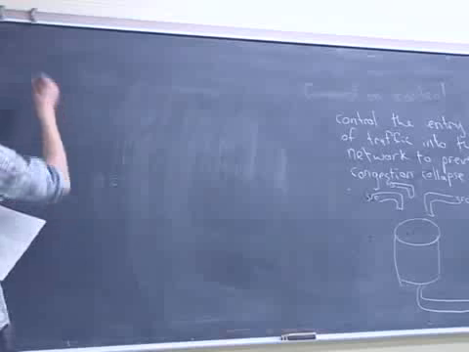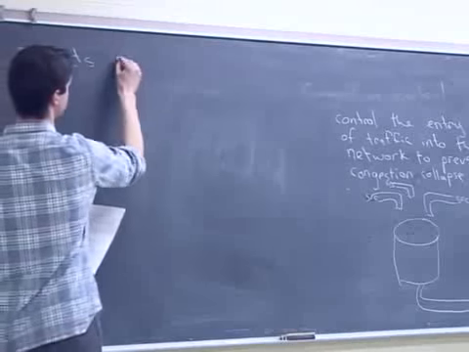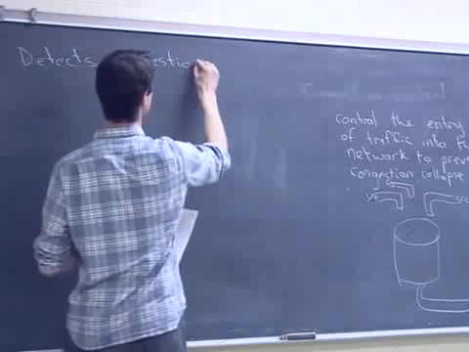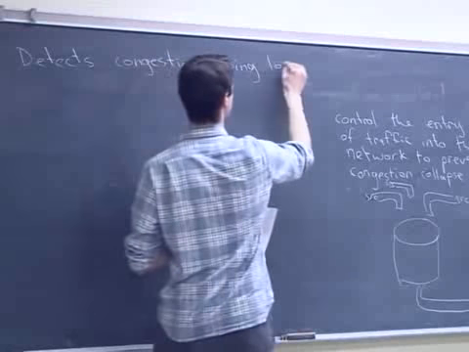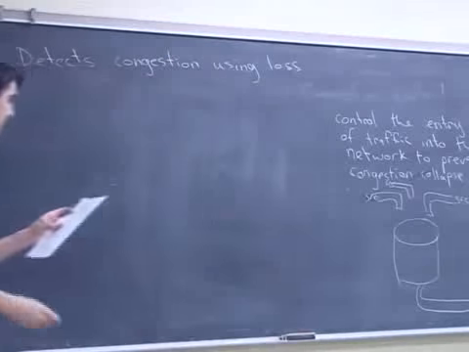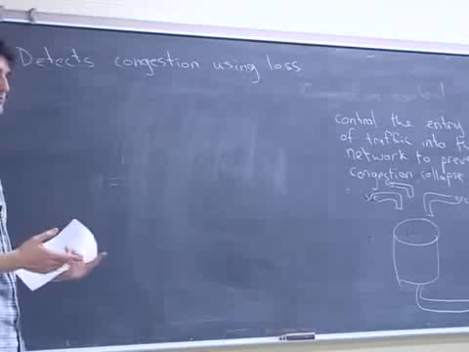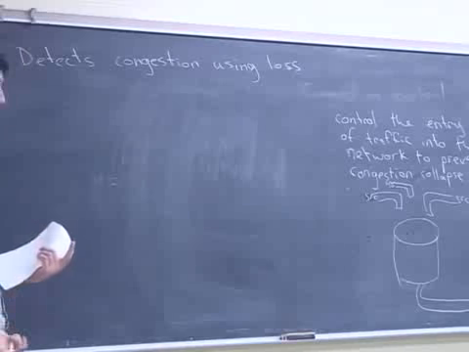All right, so one more is that it detects overload, or detects congestion, using loss. Right, so this means that in order to find the actual bandwidth of the link, TCP has to cause packets to be dropped.